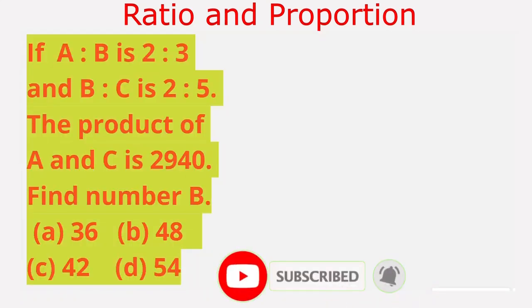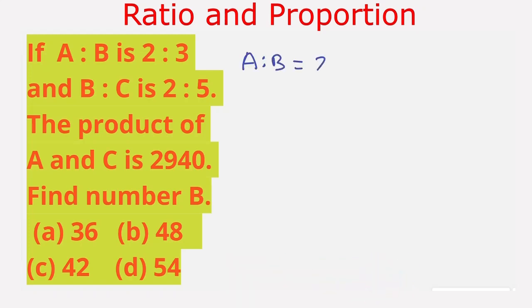It is given that A ratio B is equal to 2 ratio 3 and B ratio C is equal to 2 ratio 5. Now here in first case the value of B is 3 and in second case the value of B is 2. So we have to make it equal.